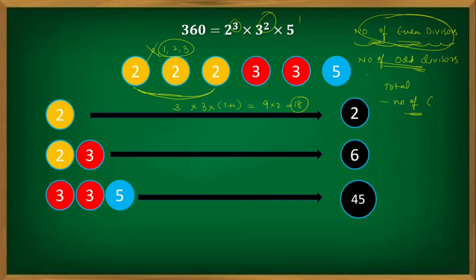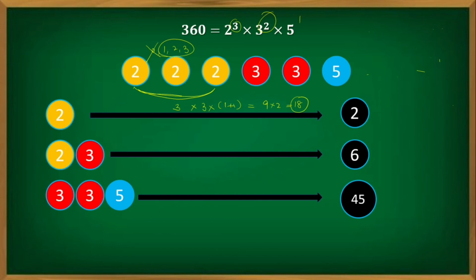Or otherwise, if you want an odd divisor, what is the meaning of this? 2 should not be present in the combination. If 2 is present, automatically it will become an even divisor. So if you want odd divisors, no 2 should be present in the combination. I hope this point is clear, how to find the number of divisors, even divisors, and odd divisors. Let's see with an example, so that if you have any doubts, it is going to be clear now, right? Now let's see.